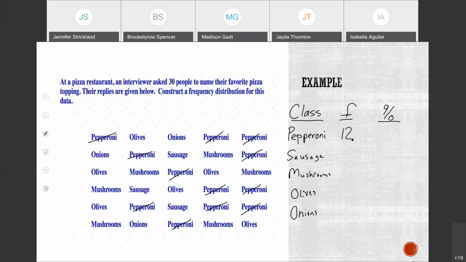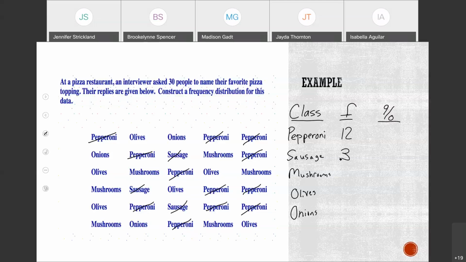Now I'm going to move on and count the sausage. Is it also okay to let you put tally marks instead of the numbers? You can add a tally column if you want, but then you need to make a frequency column with the actual number. Okay. So sausage, let's see. 1, 2, 3. I'm going to put the 3 there. What about mushrooms?